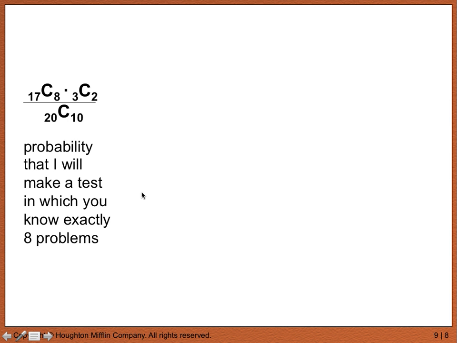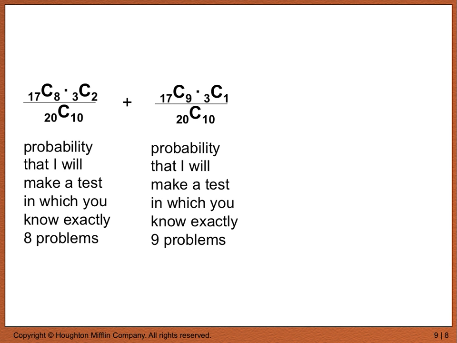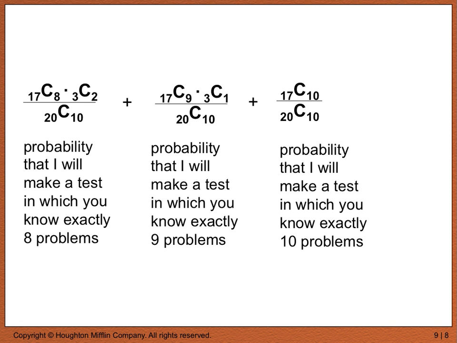Now, what are the 2 steps that were missing in the last screen that you needed to fill in? You also have to add the probability that I will make a test in which you know exactly 9 problems, and you need to add that to the probability that I will make a test in which you know exactly 10 problems.